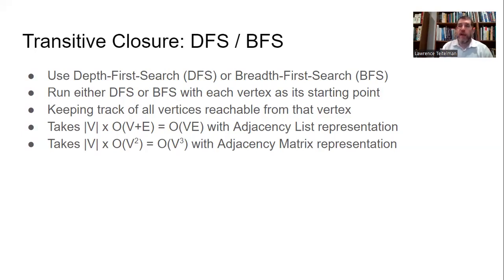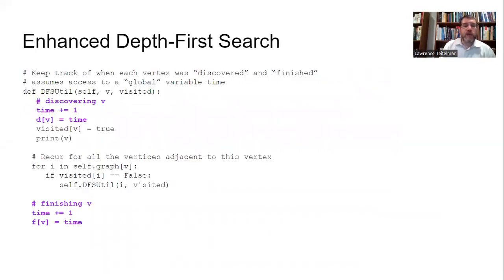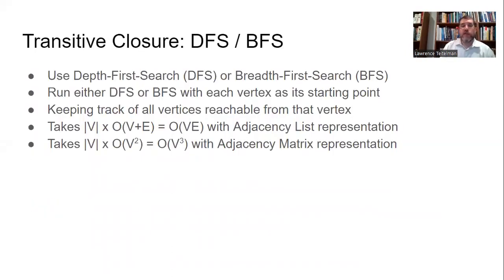So we run DFS with vertex 1, and we see which vertices we were able to reach, and we update the matrix accordingly. Then we do the same thing starting from vertex 2. We see which vertices we were able to reach using the depth first search or the breadth first search, fill that in into the transitive closure matrix, and we do that. All right. So that's another way of doing it.